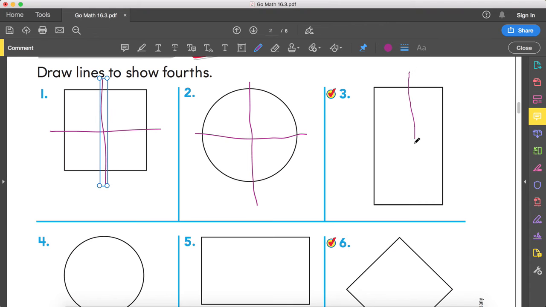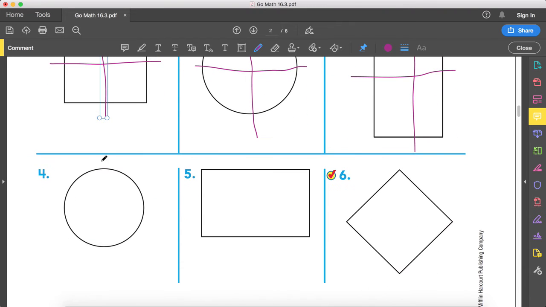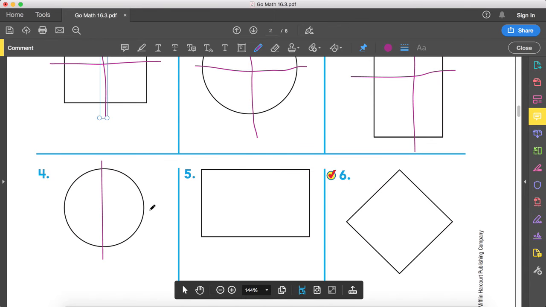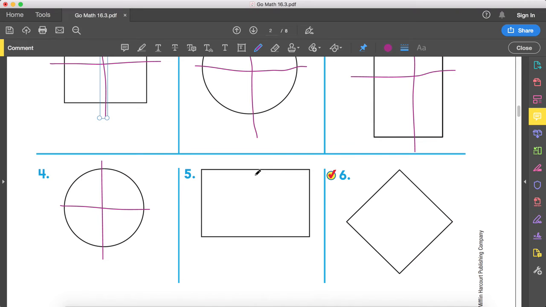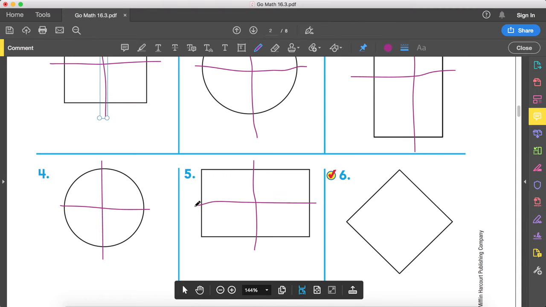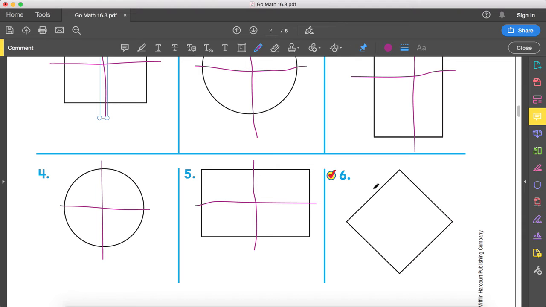So divide vertically, oops, that was badly drawn, and then horizontally. And you get 1, 2, 3, 4. 4 equal shares, 4 fourths, 4 quarters.